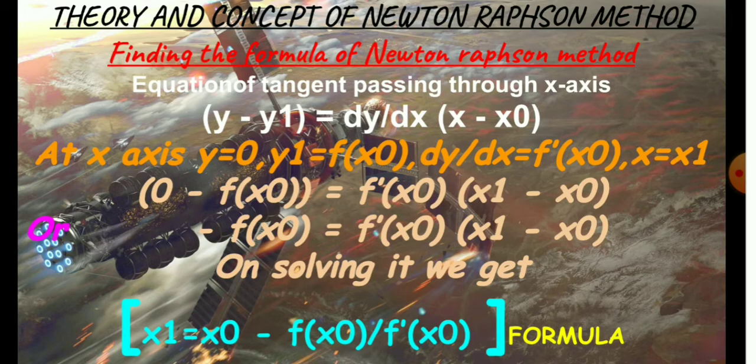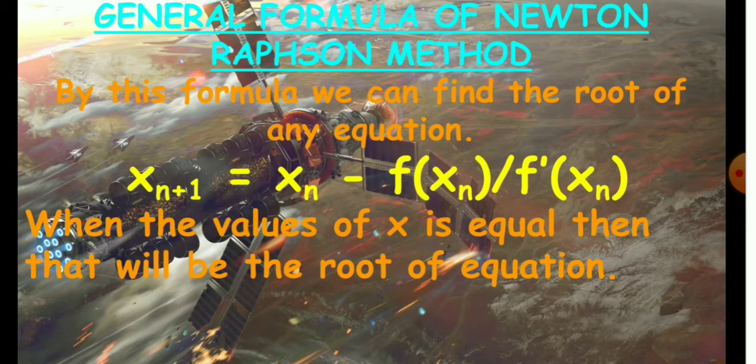So the generalization of this formula is xn plus 1 equals xn minus f(xn) by f dash xn. Here n is the number of the approximation we take. If we take the first approximation, then n equals 0. If we take the second approximation, n equals 1.